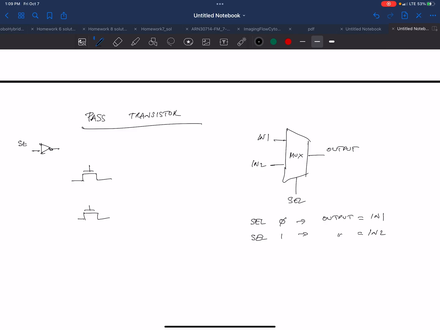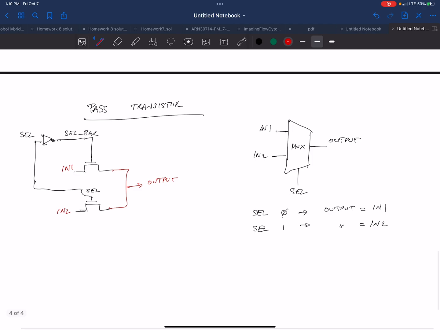Say I put select here. This is select bar, an inversion of select. And let's say I connected this one to select. And this was in1, this is in2, and I shorted these outputs and called them output.